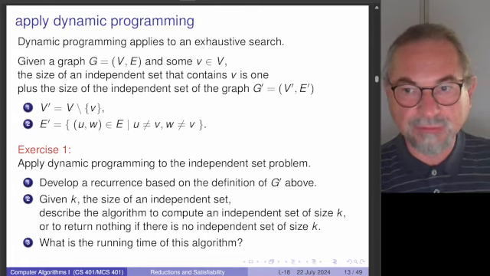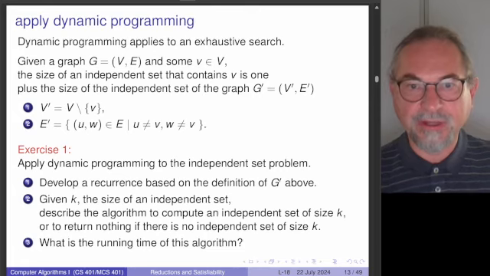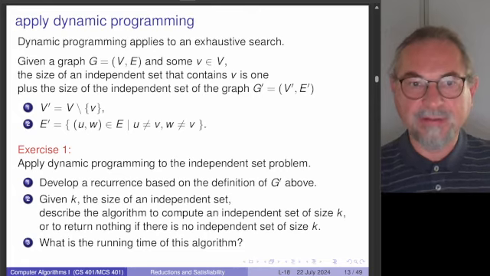So if you are removing that vertex and all the edges, so you find an independent set in that graph, can you actually find this efficiently?